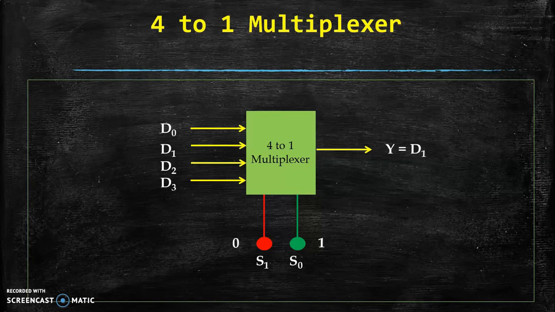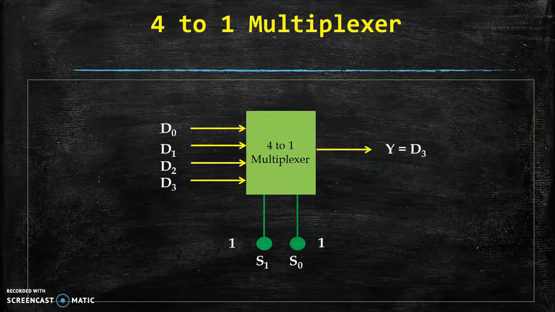At a time, only one data which is available at the input signal will be transferred to output based on the combination of the select line. We have third condition, that is 1, 0 and output Y is equal to D2.